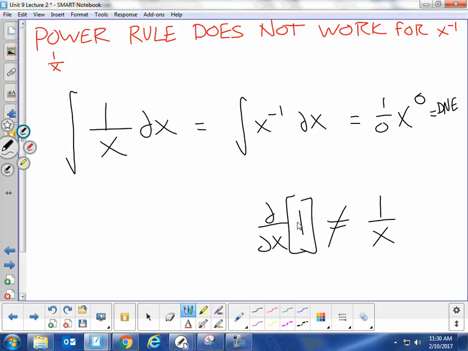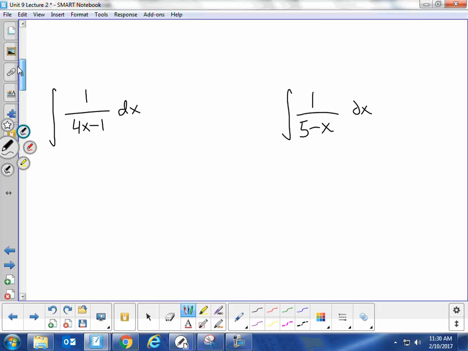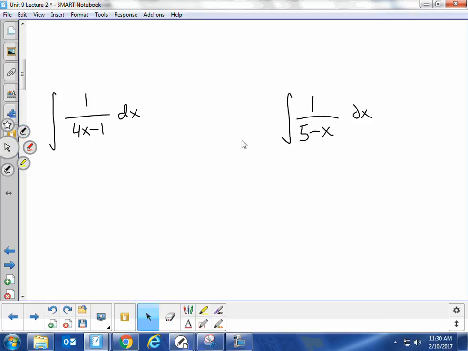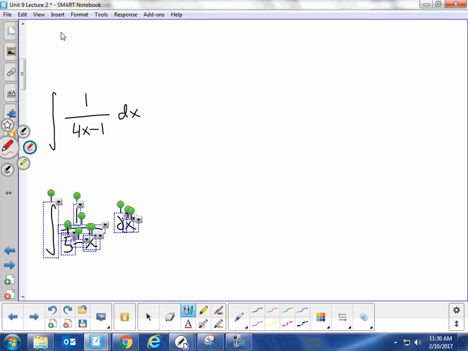Well, if I have functions like these, 1 over 4x minus 1, or 1 over 5 minus x, let's see if we can get the antiderivative of something that looks like this.